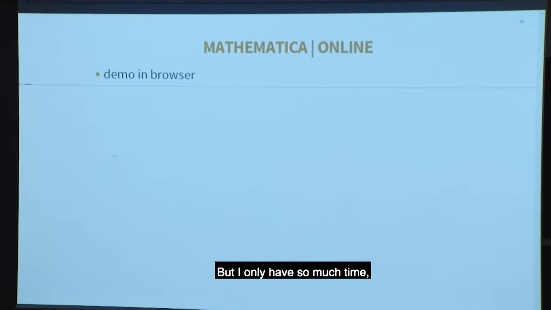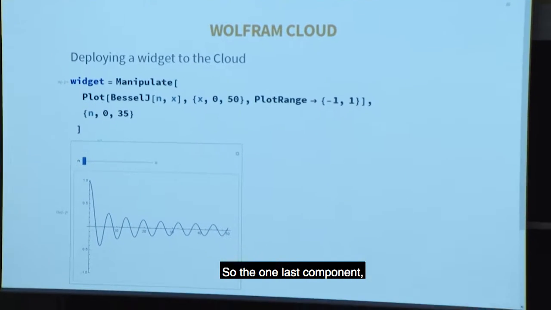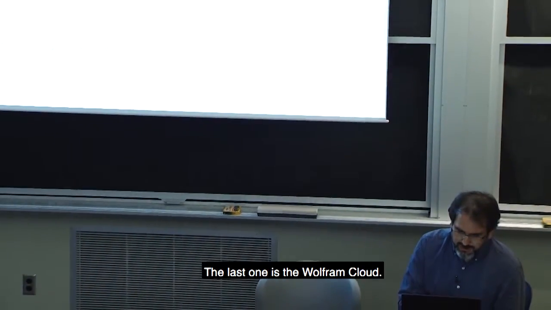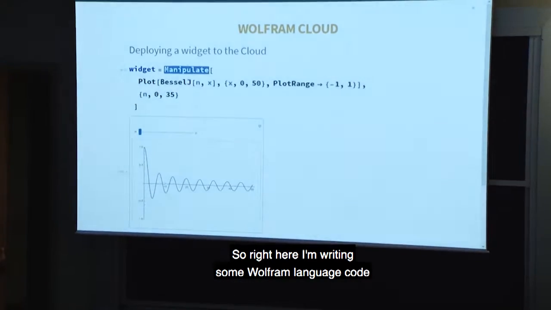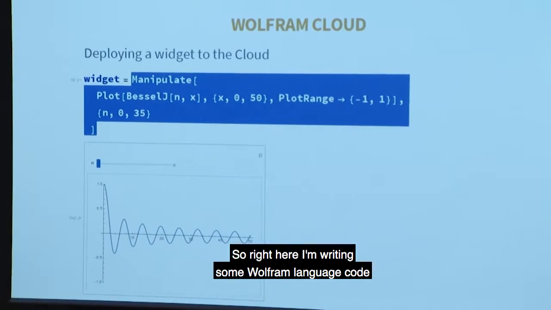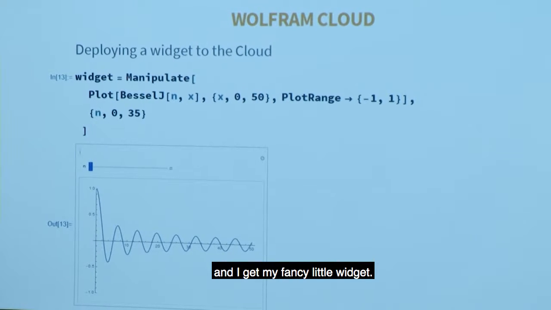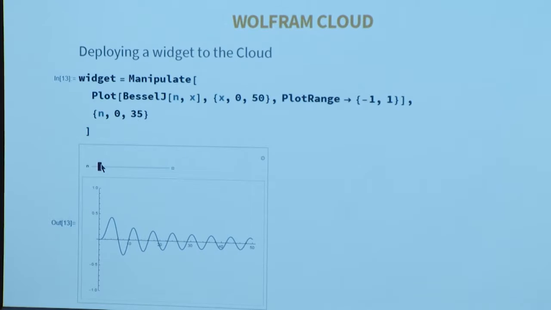But I only have so much time, and I want to get through these bits. All right. So the one last component. There were 4 components I wanted to talk about. The last one is the Wolfram Cloud. So right here, I'm writing some Wolfram language code and running it inside of Mathematica, and I get my fancy little widget.